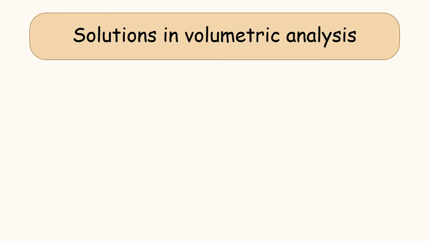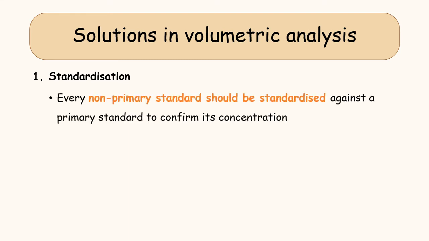When making solutions and dealing with volumetric analyses, the biggest issue is with standardization. Remember, you should only ever make up standard solutions of primary standards, and then all other solutions should be standardized against your primary standards. So every non-primary standard should be standardized.